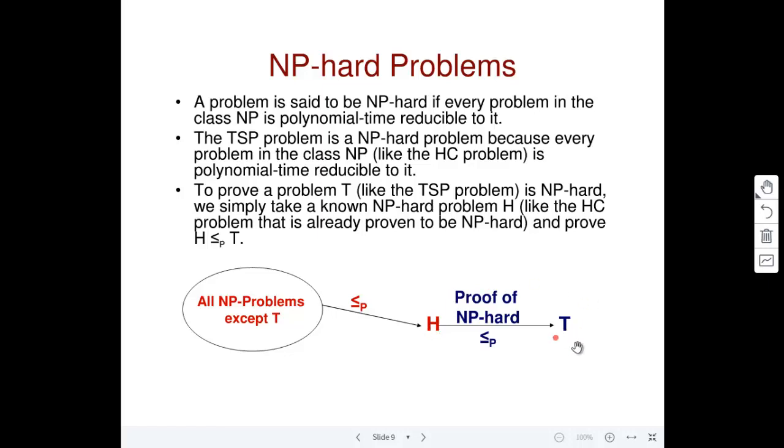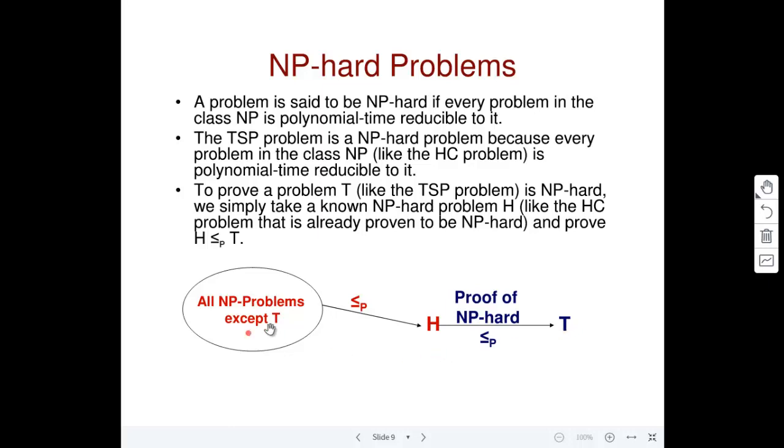So this T is a new problem that we're working on and it is also in class NP. So that's why I say all problems other than the problem T. So it's like kind of what you call commutative. So all problems in the class NP are polynomial time reducible to this Hamiltonian circuit problem. And so it's transferable. So this problem H is now polynomial time reducible to the problem T. So that means all problems in the class NP are actually polynomial time reducible to the particular research problem, right?